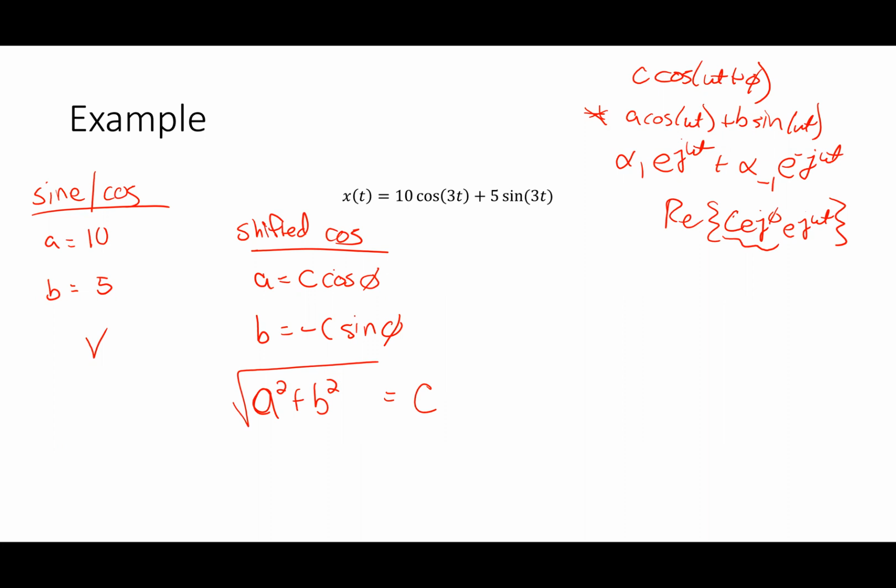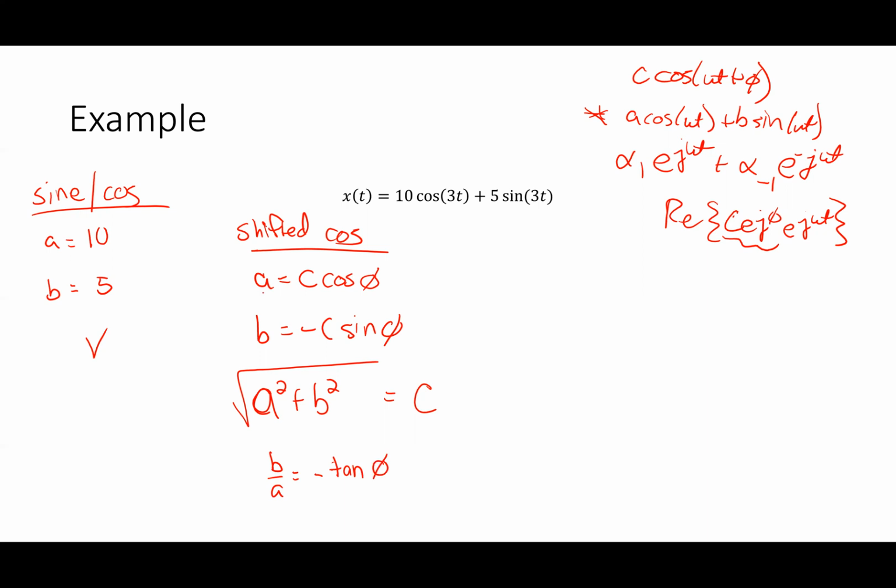Okay. Now, how do I get the angle? If I just look at this right here, you should be able to see how to get that. If I do B over A, what's B over A going to be equal to in this case? It would be negative C sine phi over C cosine phi, which, if you're paying attention with your trig, is minus tan phi.